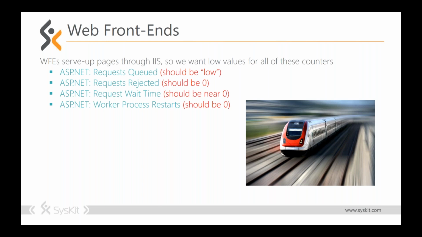While it's spinning up a new worker process, that is going to limit the ability of that web front end to service requests. So unless you have additional capacity, and this is where load balanced environments come in handy, you're not going to be able to sustain any level of additional traffic through your remaining web front ends if you don't have capacity. So we naturally don't want to see restarts happening outside of planned times, if we, in fact, restart them at all.